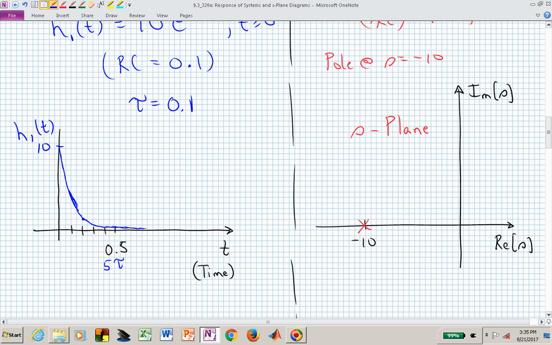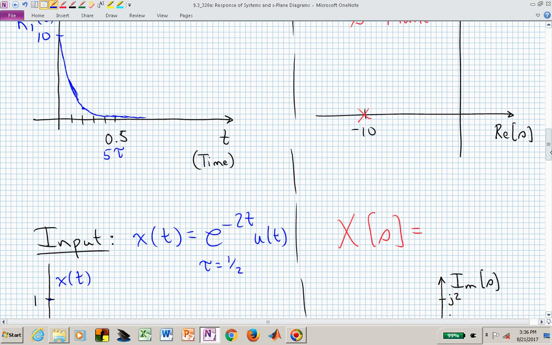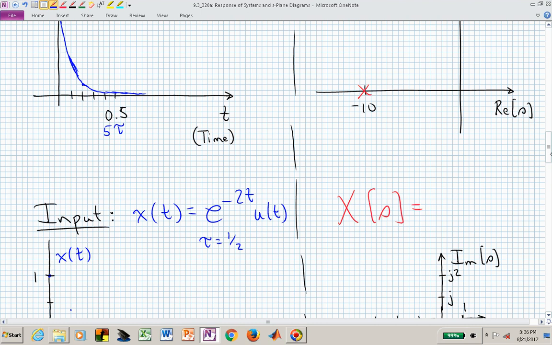You're going to immediately be charged up to 10, and then you're going to trail off rather quickly down to 1/10, 1% of 10, at 5 time constants, or 0.5. That's the impulse response of this low-pass filter.